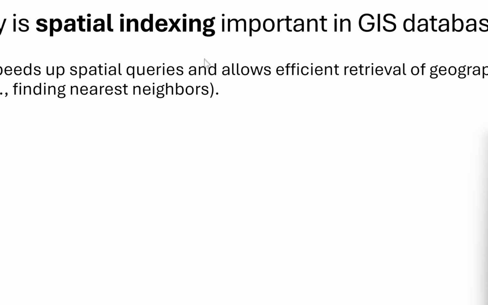If you do spatial indexing, you will have clear information about the spatial location, then it will be easy to find the restaurant within 5 kilometers, or it will be easy to find nearest neighbors of your area. So it will speed up spatial querying and allow efficient retrieval of geographical data. Okay, so I hope this is clear.